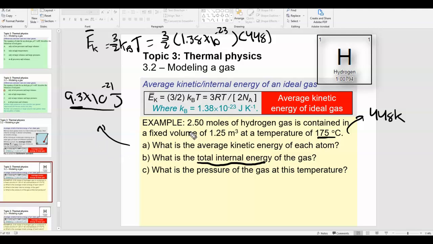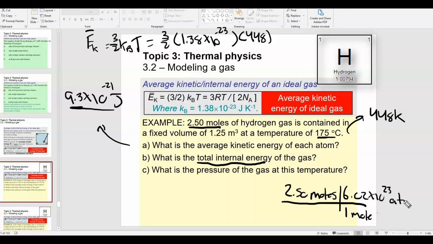that would be the internal energy of the gas. So how many atoms do we have? Well, we have 2.5 moles, and we know that 1 mole of anything is equal to Avogadro's number. So 1 mole of hydrogen is going to be 6.02 times 10 to the 23 atoms.